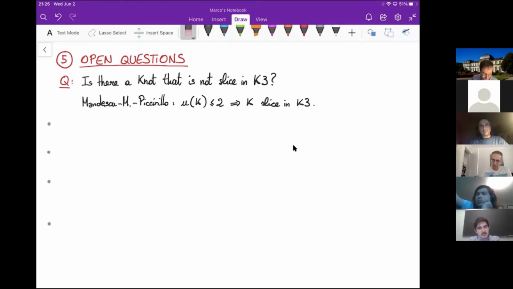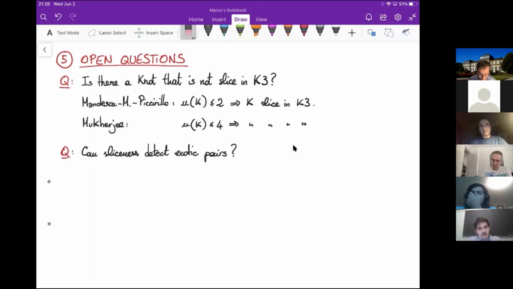But maybe I can tell you that we prove that every knot with a knotting number less than or equal to 2 is slice in K3, and Mukherjee actually strengthened our proof to show that every knot with a knotting number at most 4 is slice in K3. So if you find a knot that is not slice in K3, then it must be very complicated.